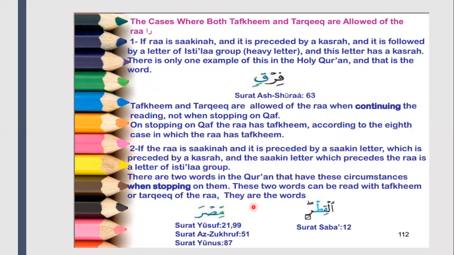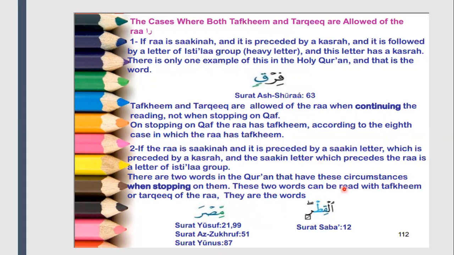So if the Ra is Sakin, which is Sakin here because we are stopping on it, and it is preceded by a Sakin letter, and that is preceded by a Kasra, and the letter after the Kasra is istila.